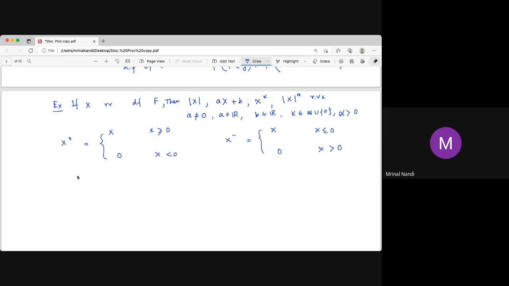Then x plus and x minus are also random variables. It is clear because it is just x with some restriction, and if you take the inverse image, it is the Borel set intersected with the set of non-negative real numbers. Since a Borel set intersection with another Borel set is Borel, the inverse image is also a random variable.